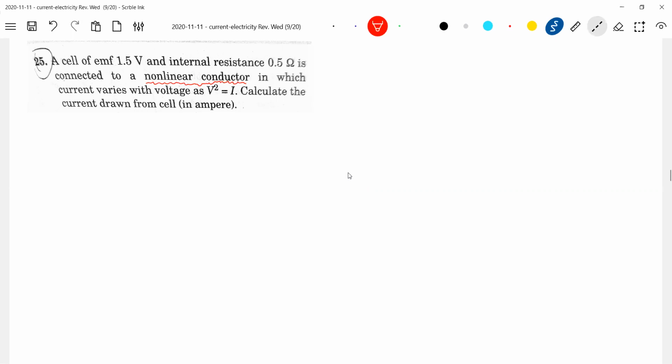So if you plot this graph, V versus I. Why do you need the working of the device? It's a non-linear device.